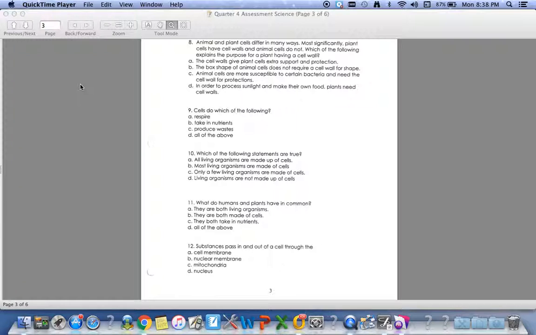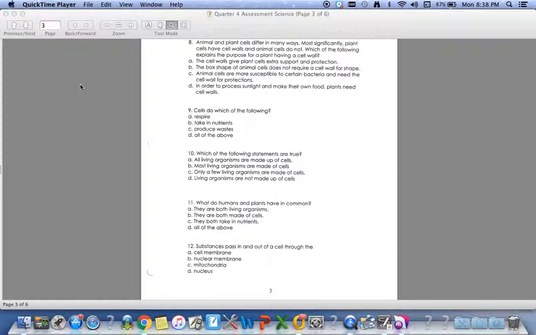B. The box shape of an animal cell does not require a cell wall for shape. C. Animal cells are more susceptible to certain bacteria and need the cell wall for protection. D. In order to process sunlight and make their own food, plants need cell walls.